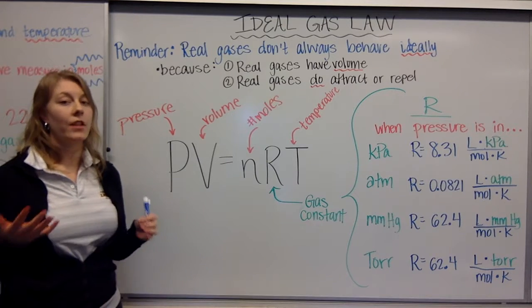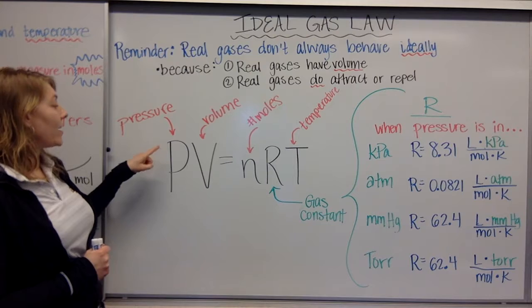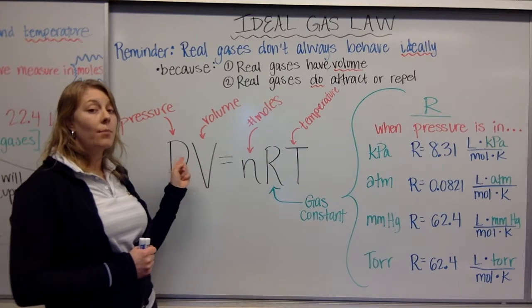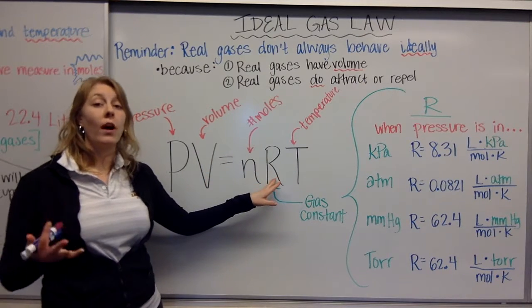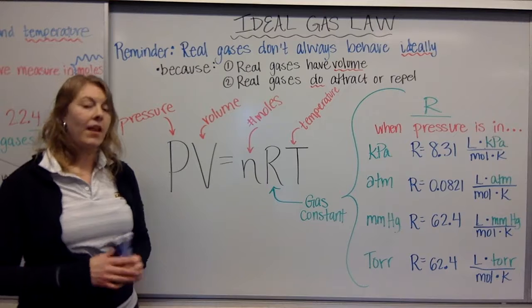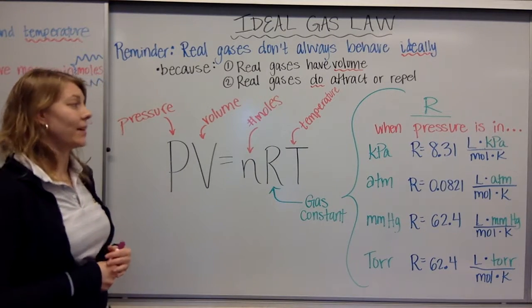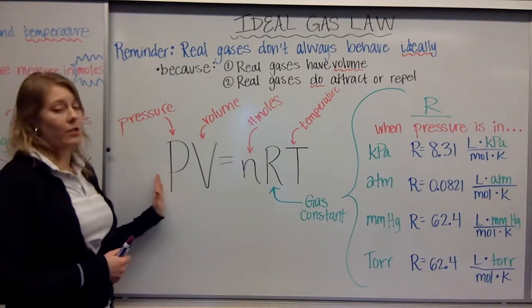Now, scientists over the years have done hundreds of experiments to determine that if they know the values of P, V, n, and T, if they know pressure, volume, moles, and temperature, they've been able to figure out what the R value is. Okay, now R is a gas constant. We're never going to be solving for a gas constant because we know the values of R depending on what pressure we're dealing with.